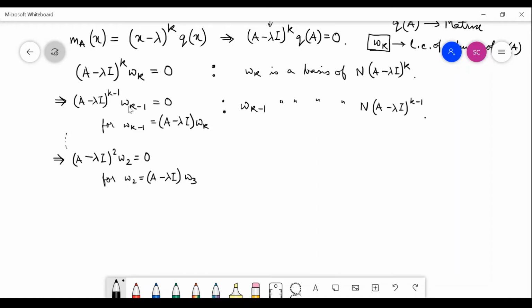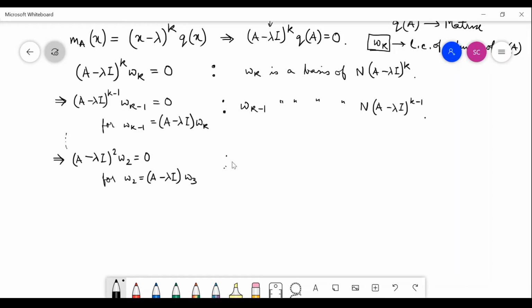In this step I have done the same thing: I have taken A minus lambda I out of this bracket, so A minus lambda I to the power k minus 1, and what I have with me is A minus lambda I omega k, which I write as omega k minus 1. Same thing I keep on doing, and I come to this step, A minus lambda I squared omega 2, where omega 2 would be A minus lambda I omega 3.